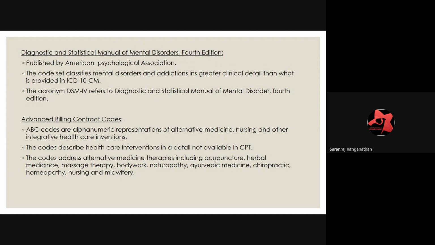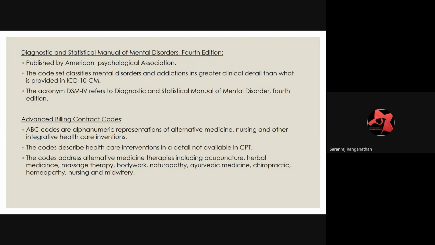Then Advanced Billing Contract Codes, which means ABC codes. Advanced billing contract codes are alphanumeric representations of alternative medicine, nursing, and other integrative healthcare interventions. The codes describe healthcare interventions in detail not available in CPT.